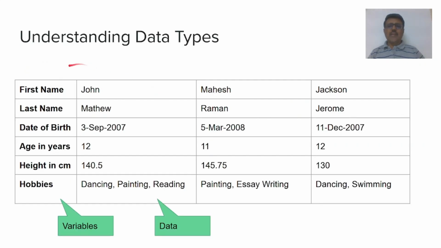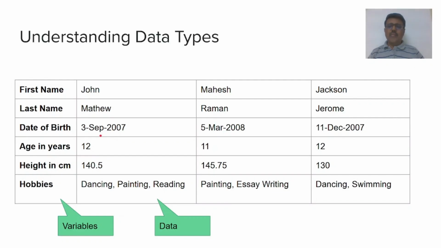So let's again just revisit what we understood about the data types. We have, for example, first name, last name, which by looking at this you can easily say is a string, and the name here, Matthew, is also a string. Then the date of birth is again a string only, but in a date format.